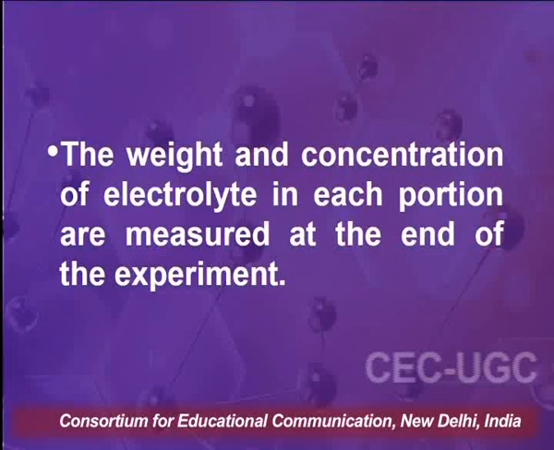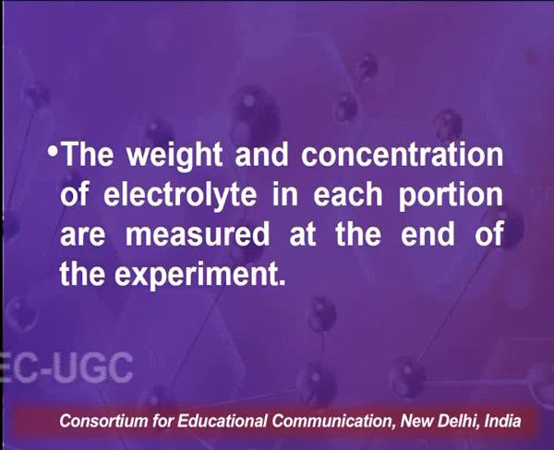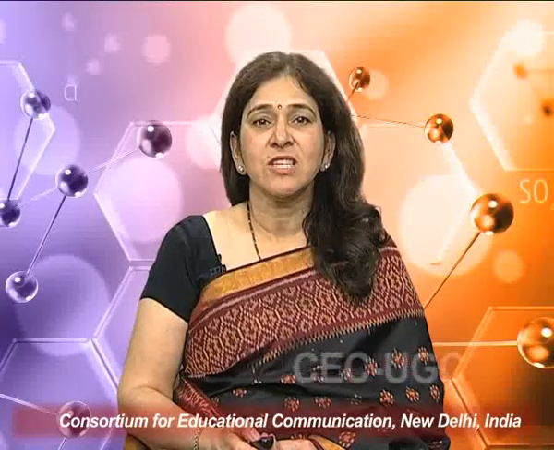The weight and concentration of electrolyte in each portion are measured at the end of the experiment. The change in the amount of electrolyte in each compartment can be calculated knowing the original concentration.